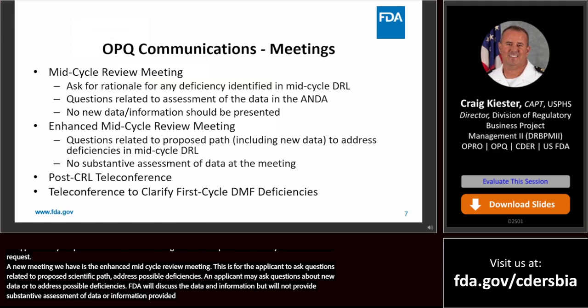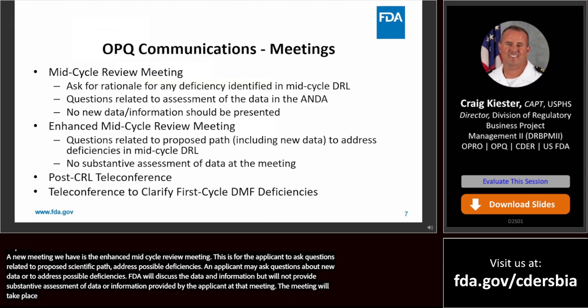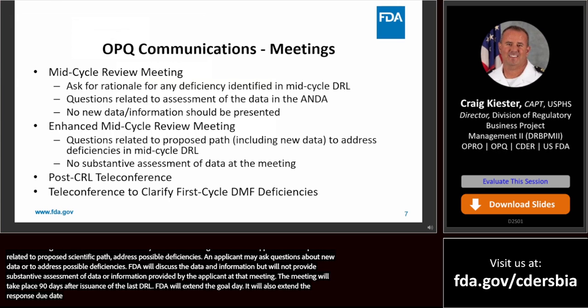If an enhanced mid-cycle review meeting is requested, the meeting will take place within 90 days after issuance of the last mid-cycle DRL. FDA will extend the ANDA goal date by 60 days if an enhanced mid-cycle review meeting is requested. It will also extend the response due date for any relevant DRLs by recalculating the response date starting from the date of the meeting.